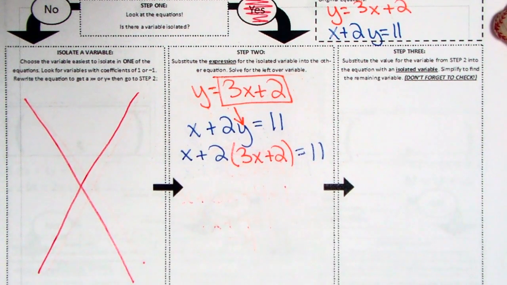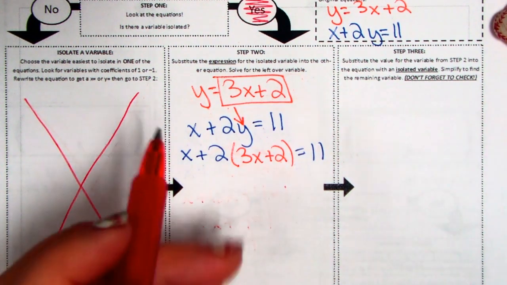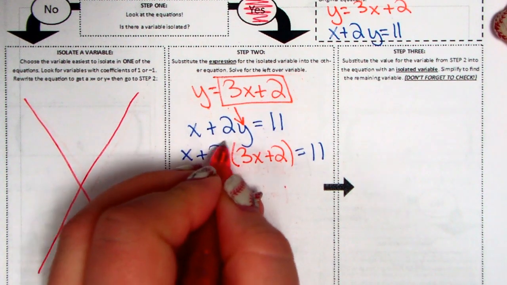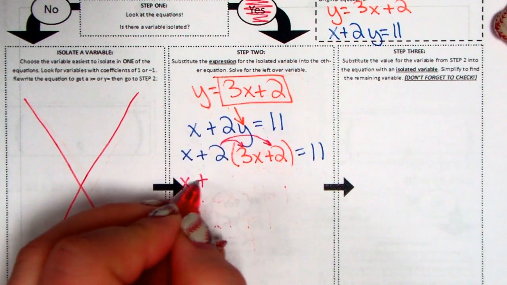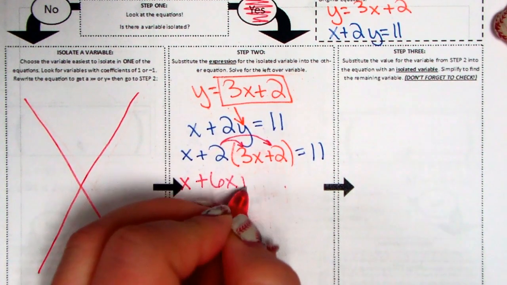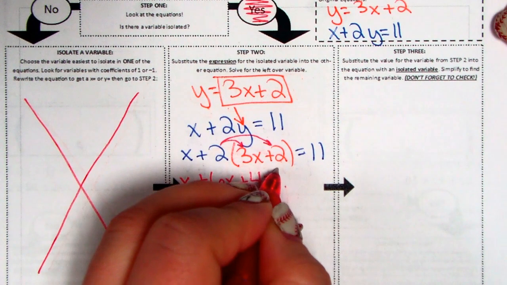Then we'll solve it just like the regular equations we've been solving all the way back from chapter 1 and 2, or even when you first learned how to solve equations. So we'll distribute the 2, and x plus 6x plus 4 equals 11.